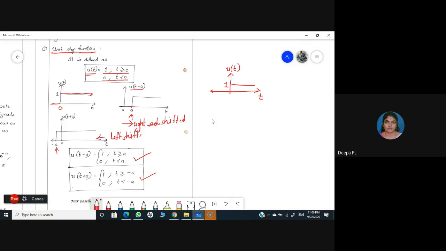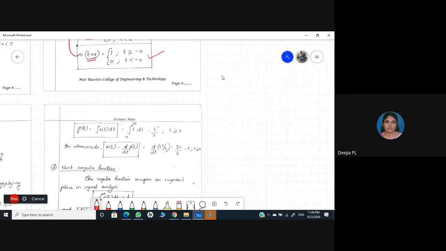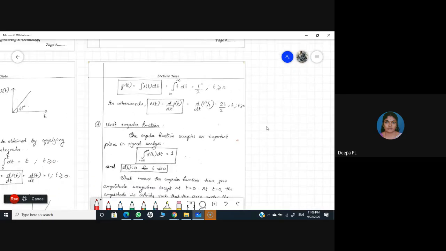Right shifted version is represented as u of t minus a, and left shifted means it is u of t plus a. So this is known as the unit step signal, one of the most fundamental signals available in signal processing theory.